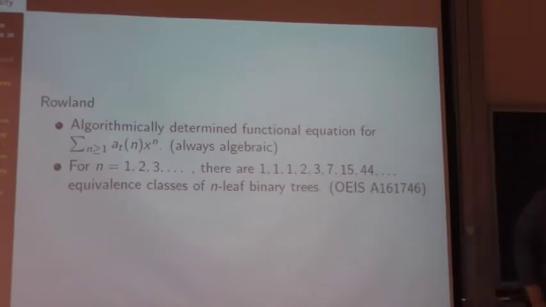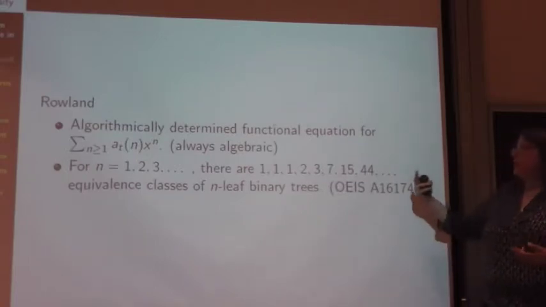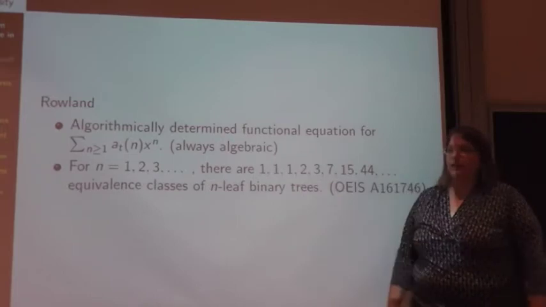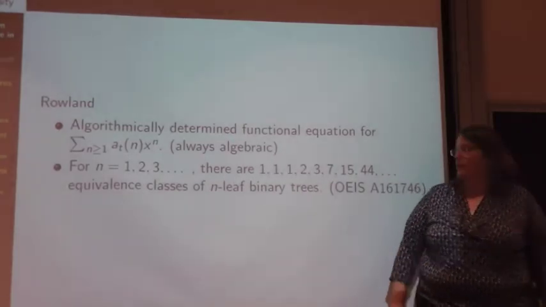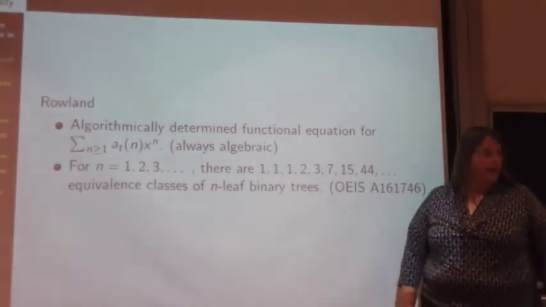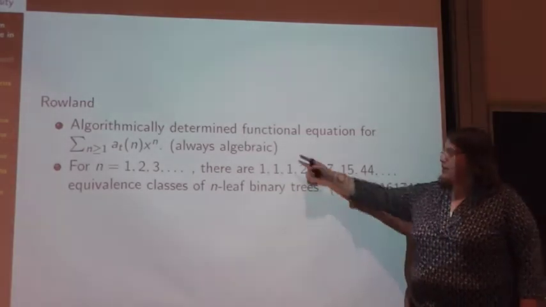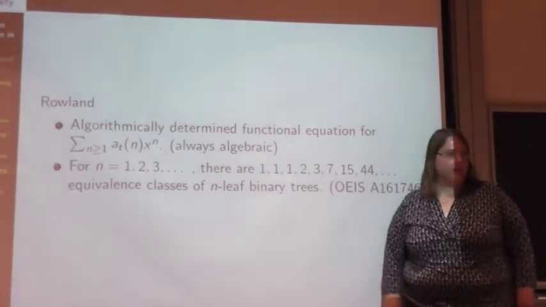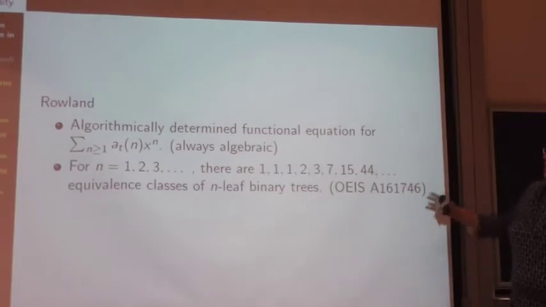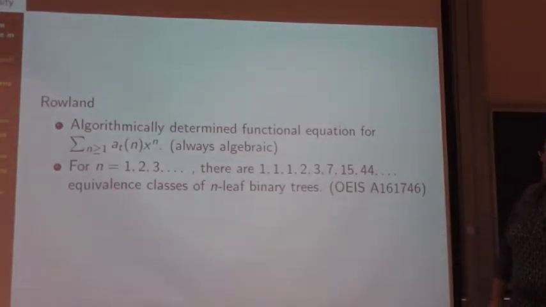Eric was able to develop an algorithm that would give you a functional equation for the ordinary generating function for the number of n-leaf trees avoiding a tree pattern. As a consequence of his algorithm, these generating functions are always algebraic. And he did quite a bit more, but I just want to talk about avoidance for the moment. He has this OEIS sequence, which has exactly 8 terms in it. The next term is unknown.